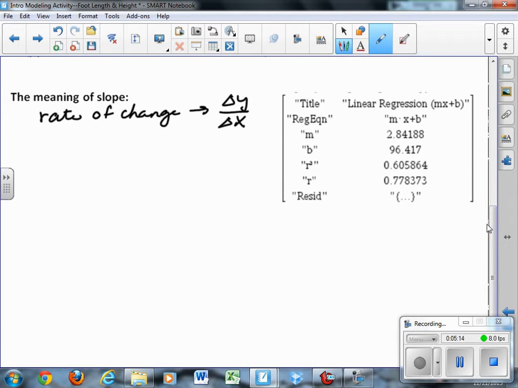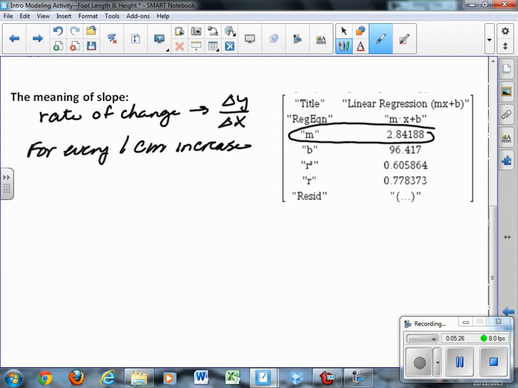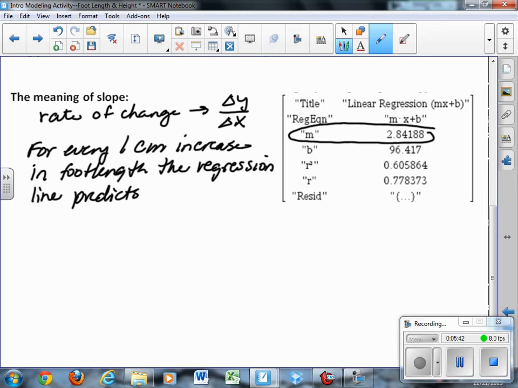So the way we would say this, if we look at our slope here: for every 1 centimeter increase in foot length, the regression line, because that's what we're using to predict, predicts about a 2.84 centimeter increase in height.